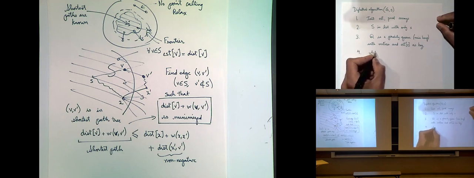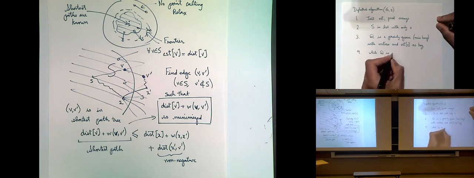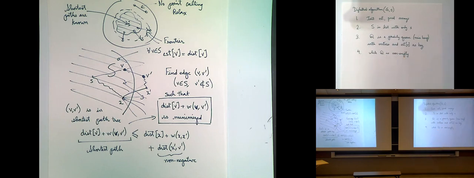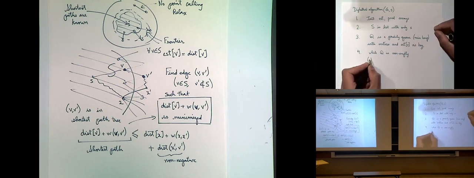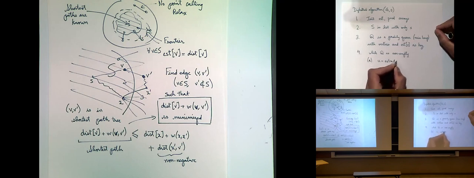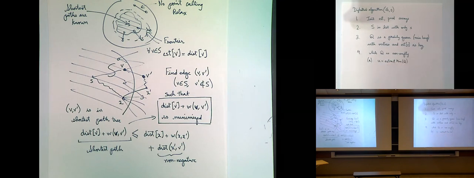So we'll say while the queue is non-empty, we'll run an extract min operation. So in the queue, remember, you just took the head of the queue. Here we're going to run an extract min.